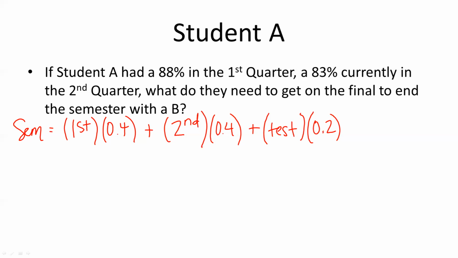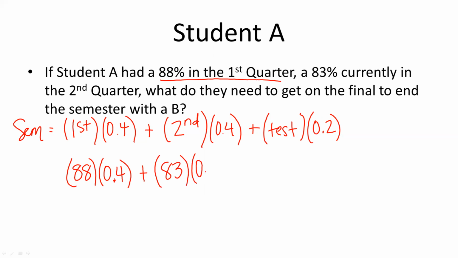So let's see. I'm going to plug in my 88% for the first quarter times 0.4, and then I'm going to plug in the 83% for the second quarter. I don't know what I want on the final, so I'm going to just throw X in for the test and then keep the 0.2, okay?